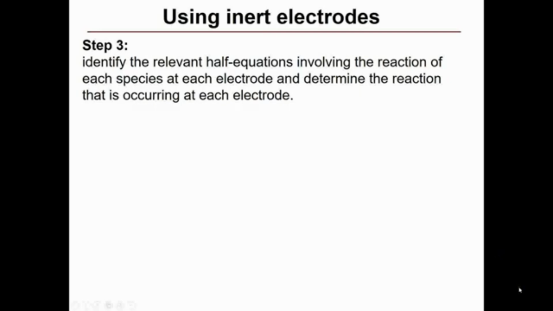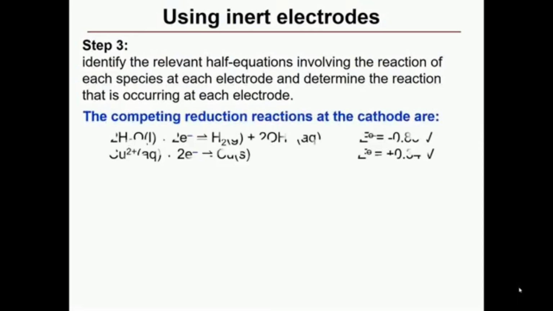Next, we identify the relevant half equations involved in the reaction of each species at each of the electrodes and determine from the E0 values which reaction would actually take place at each of the electrodes. So in this case, at the cathode, the copper(II) ion could be reduced, or the water molecule could be reduced.